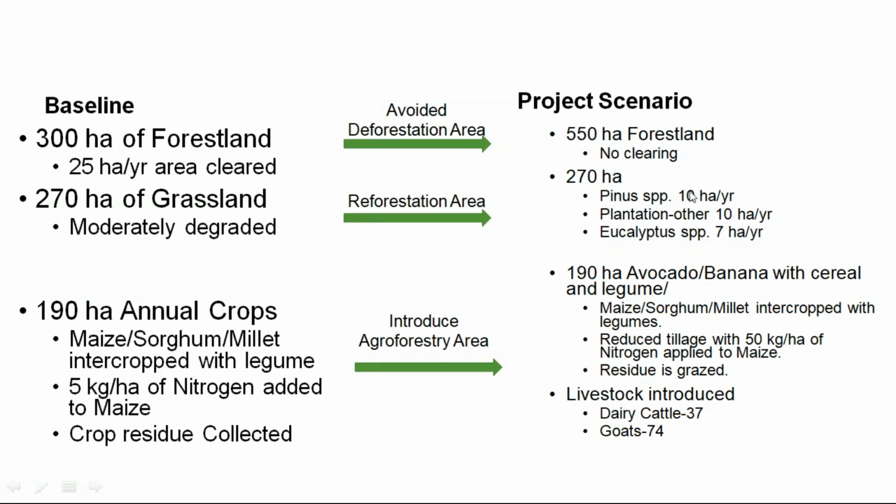Under the project scenario, we maintain 550 hectares of forest. We have 270 hectares going from grassland into different plantations, pine plantation, other species, and eucalyptus. And then we're introducing our agroforestry area, as we did with the previous exercise.